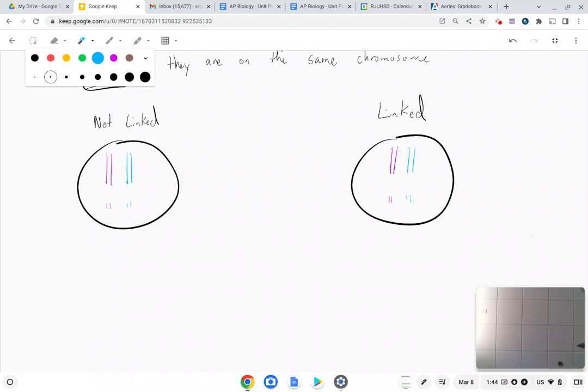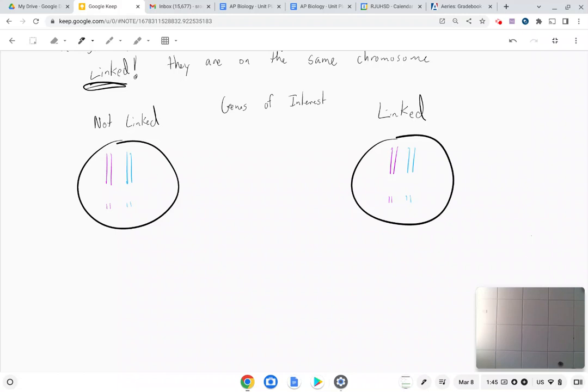Okay, sorry for the delay. If they are not linked, then they would be located, the two genes of interest, which, by the way, genes of interest are the genes that we're paying attention to.